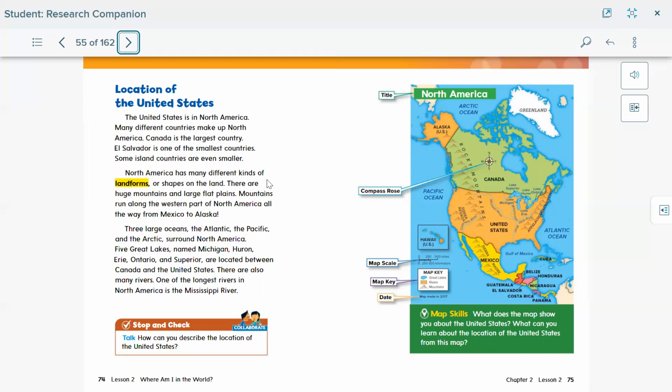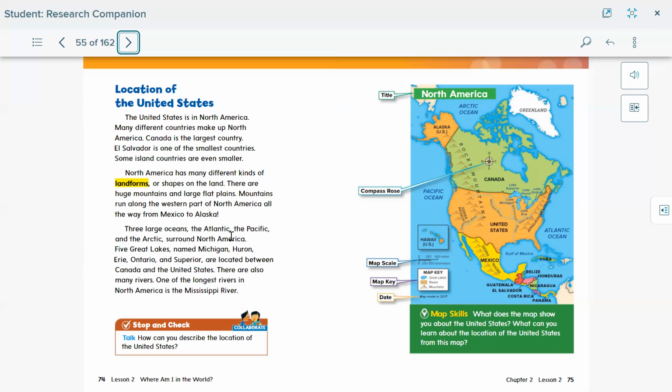North America has many different kinds of landforms, or shapes on the land. There are huge mountains and large flat plains. Mountains run along the western part of North America, all the way from Mexico to Alaska. All right.